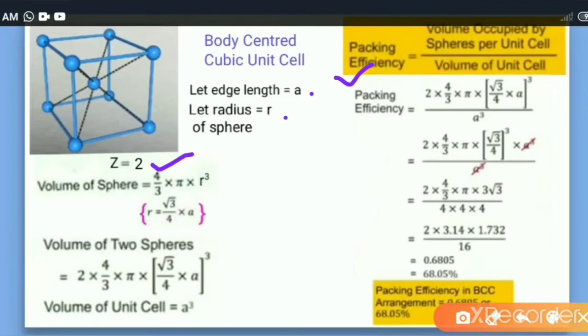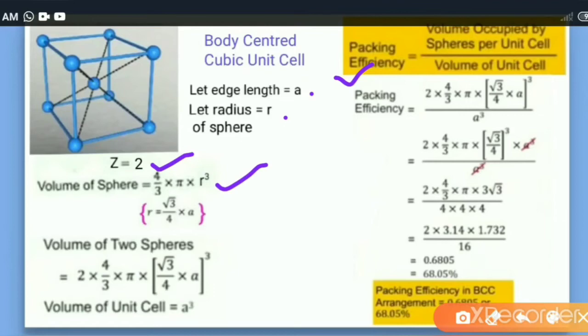The formula of packing efficiency is the same: volume occupied by the spheres per unit cell divided by volume of the unit cell. Volume of the sphere, we know, is 4 by 3 pi r cube.